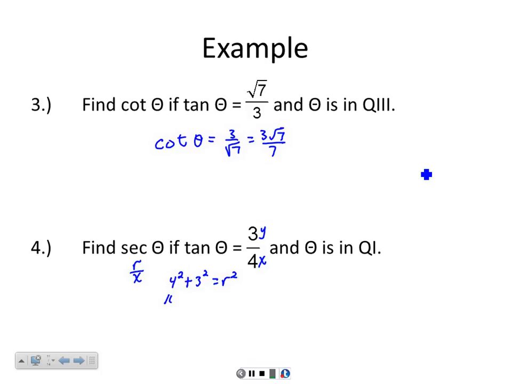So we'll have 16 plus 9 is equal to r squared. And so we'll have 25 is equal to r squared. So r is equal to 5. Or if you know your right triangles, this is a 3, 4, 5 triangle, which would make it even easier. So secant theta is going to be 5 over 4. And we're in quadrant 1 and everything is positive in quadrant 1. So there you have it.